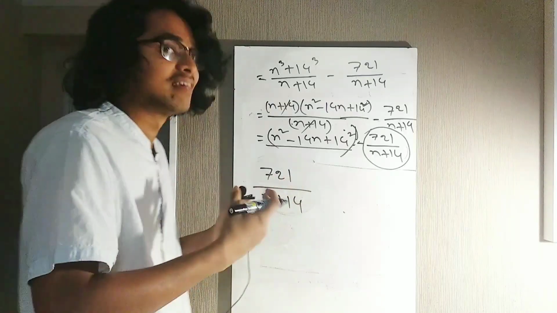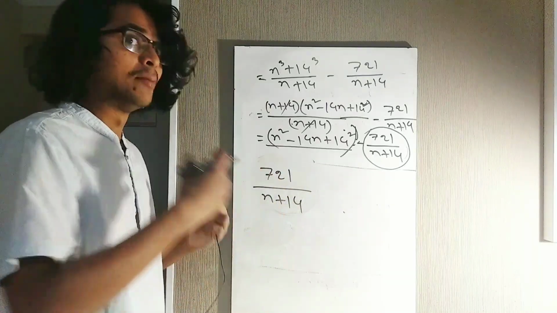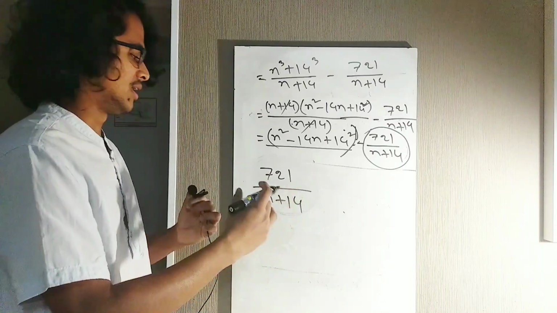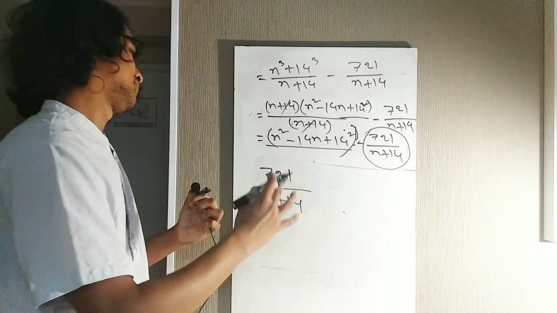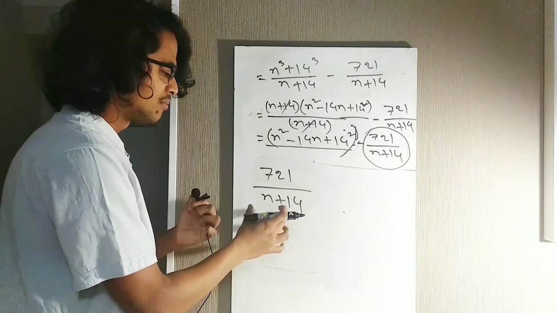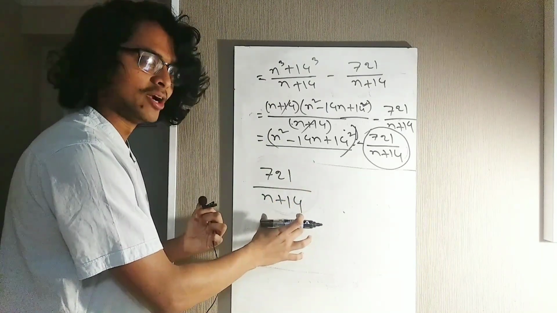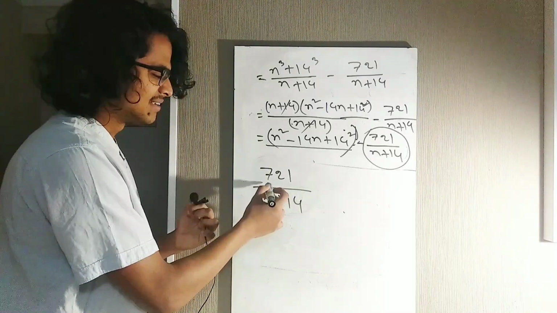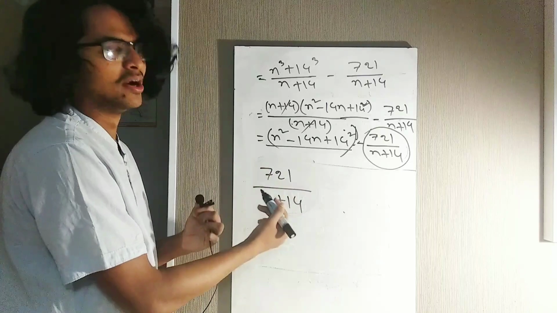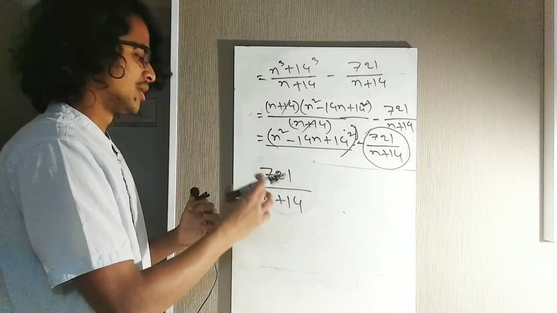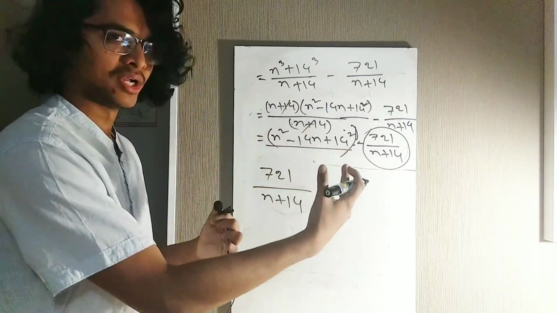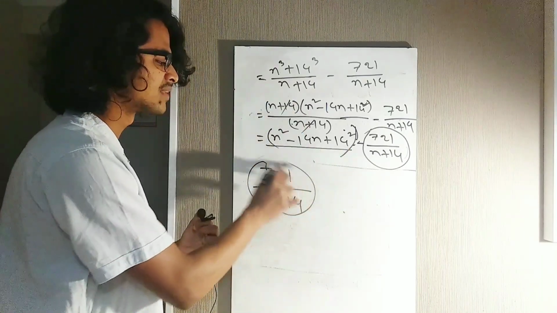Obviously there are several values of n for which this can be an integer, but we have to find the largest value of n. So what can be the largest value of the denominator? The largest value of the denominator can be exactly equal to the numerator, 721, because if the denominator is more than 721, then it will never be an integer.